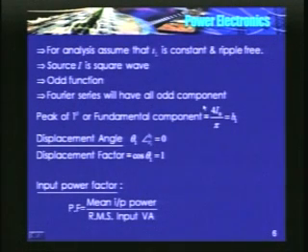It is given by 4 I naught by pi, the magnitude of the fundamental, or the magnitude of the first component. In other words, 4 I naught by pi into sine omega t. It has a third harmonic component, fifth, seventh, I mean all odd harmonics are present.